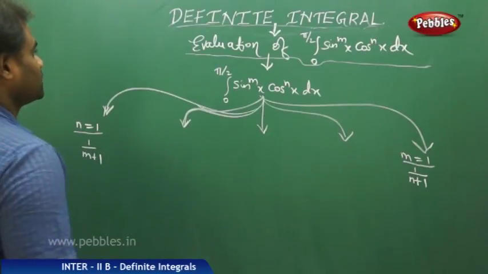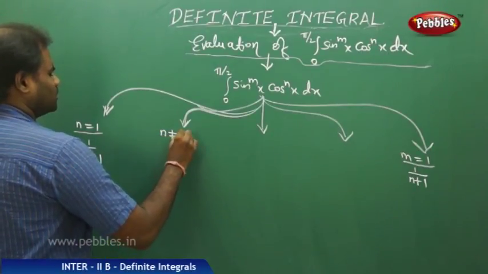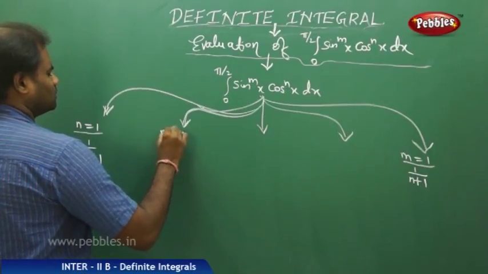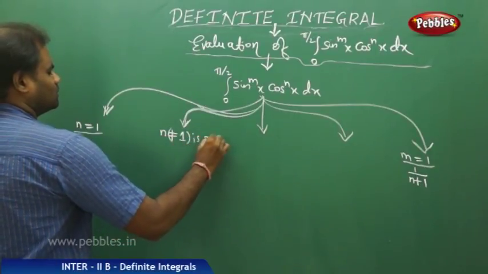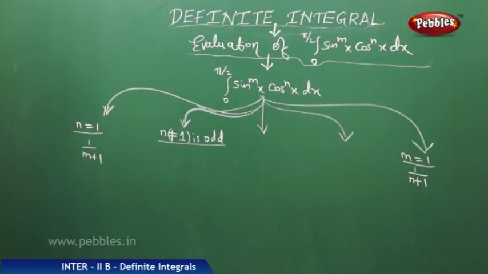Now similarly, if I take n not equal to 1 is odd, then let's see what will be the solution of this.